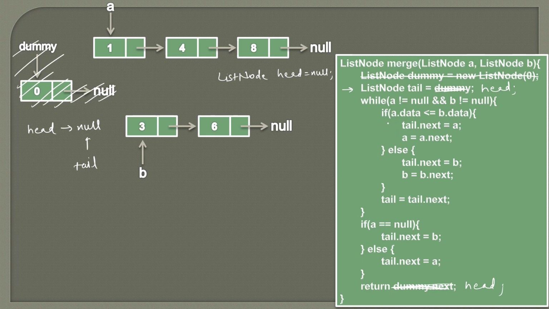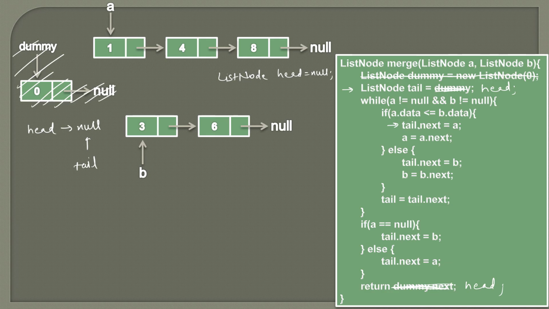Now here you can see in this while block we have provided an if and else block. And let's say when we compare 1 and 3 for the first time, we know that 1 is less than 3. So this condition would be true because A data is less than B data. So when this line gets executed, we are assigning A to tail's next. But when this line is executed, tail is pointing to null.